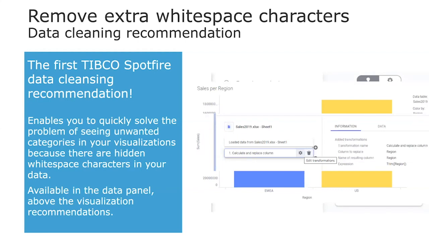I forgot to mention this in the demo, but as always, everything is editable, so you can go back to the source view and either remove the transformation that was applied to remove the white spaces, learn from it, maybe edit it, or just review what was done.